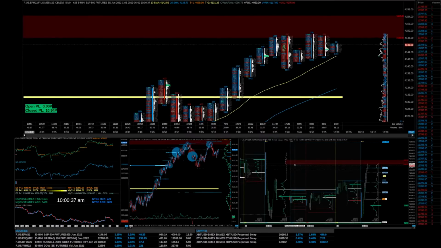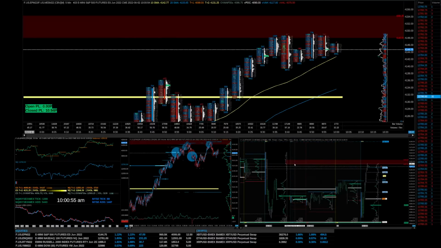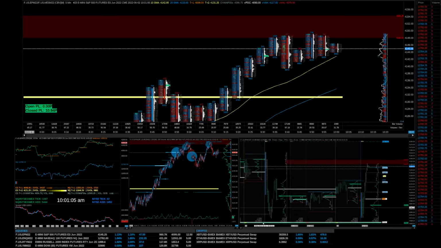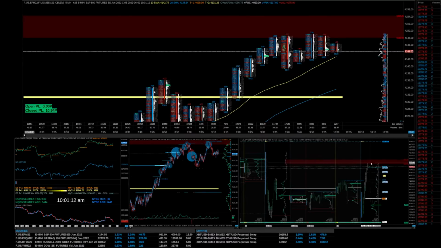I've got weeklies, dailies, a 30-minute chart, even a 5-minute chart, but you're just seeing some lower time frame plus the TPO today. So I figured, let's get the TPO chart in there, and you can see why I have resistance up here. So on this TPO chart, the RTH here is not highlighted, and then the current session not highlighted, right?